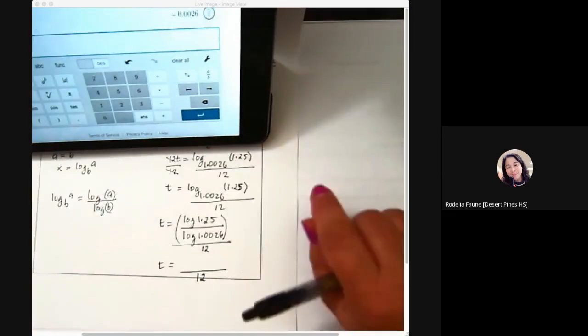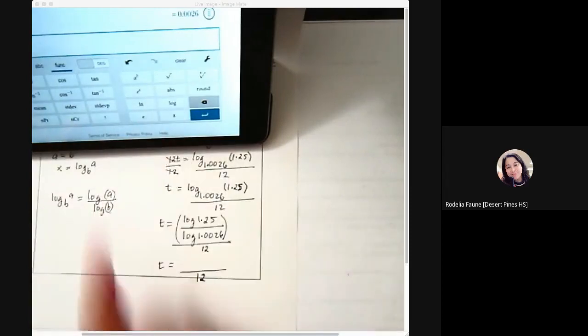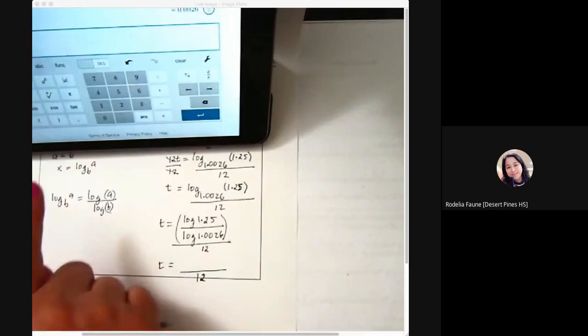There is my arrow. I'm going to go to function, then enter the log first, the logarithm of 1.25. Oh, sorry, let's do the fraction first. Let me clear that. Hit the fraction.